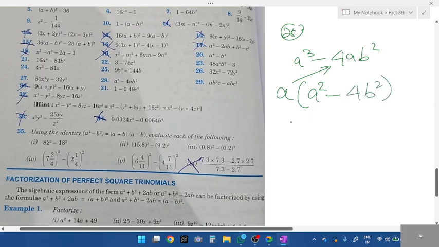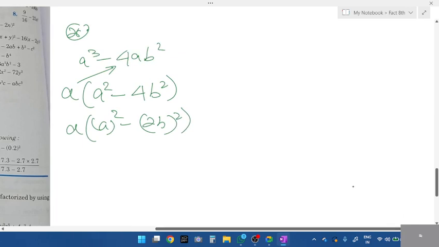Okay. Isn't it in the form of a square and b square now? How do I write 4? 2b the whole square. Very good. Yes, complete. Complete rest of the concept.